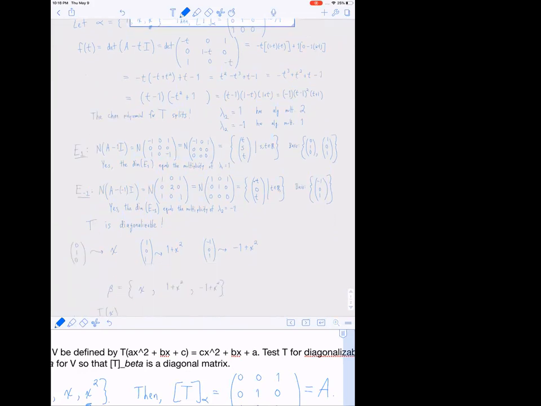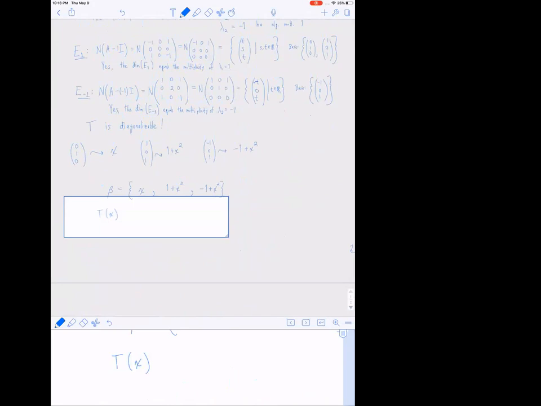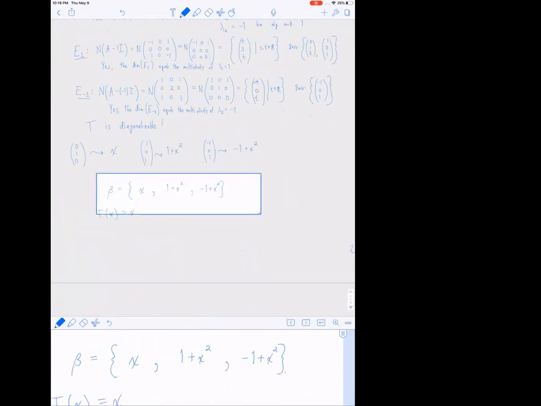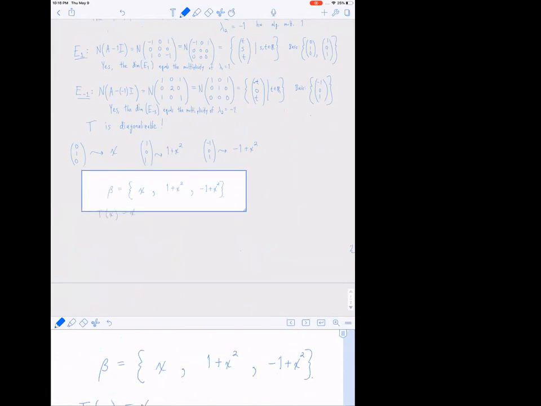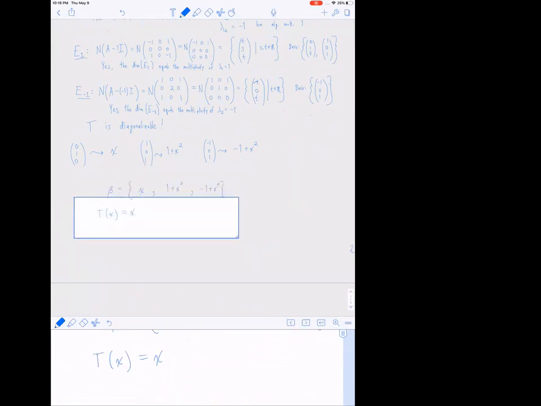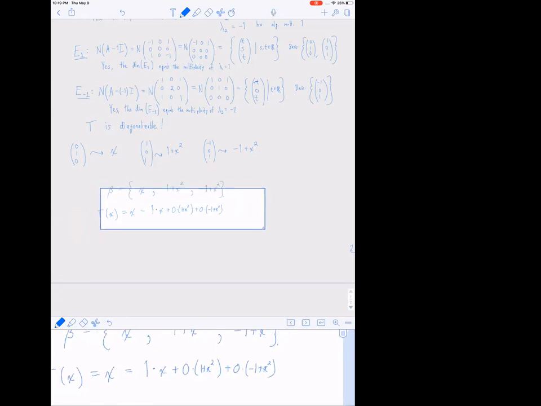So that should return the vector x. And written as a linear combination of these vectors in beta in this order, this would be 1 times x plus 0 times 1 plus x squared plus 0 times the third vector -1 plus x squared. So the first column of the matrix for T with respect to beta would be 1, 0, 0.